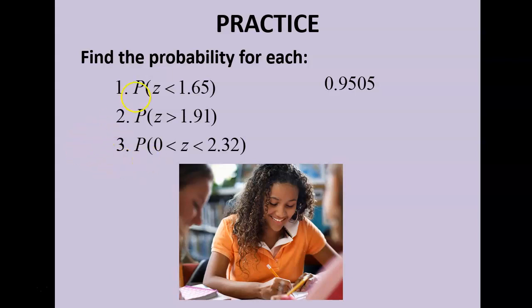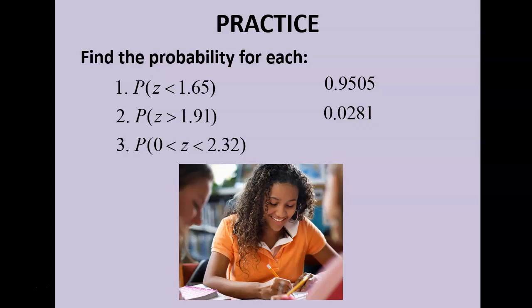Now, for number 2, we're going to look at the area to the right of 1.91. So that means that we're going to look up 1.91 and subtract our value that we get from the table from 1. So we'll look that up. You're going to get 0.9719, I believe. And you'll subtract that out, and you get 0.0281.